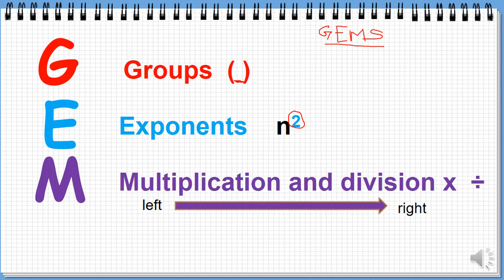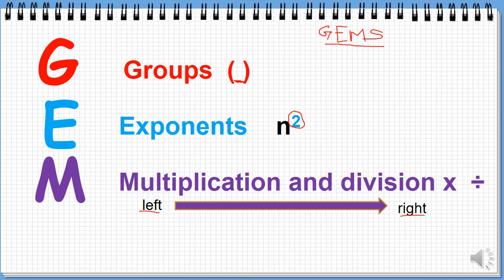All right. M stands for multiplication and division. Now, I don't want you to think it's multiplication and then division. It is multiplication and division together. If you have both of them or two of one and one of the other, whatever the combination is, you're going to work from left to right, no matter the order that the multiplication and the division is in.